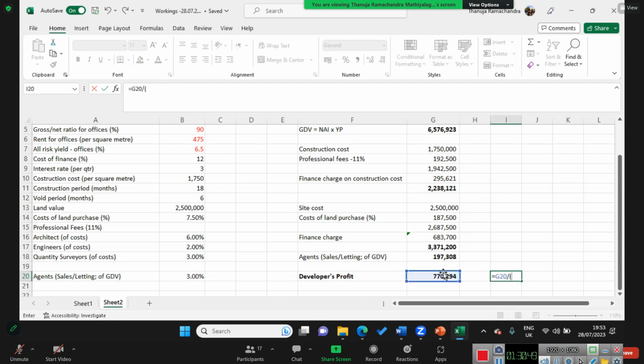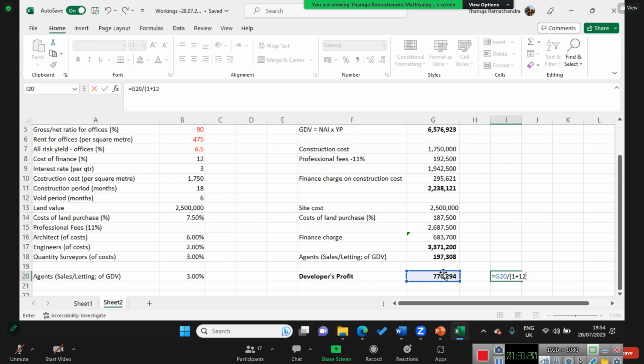Right? What is the cost of capital? If we go for borrowed capital, how much is it? 12%.